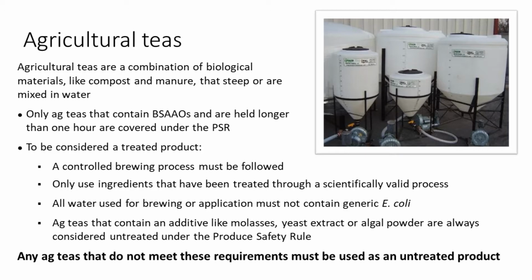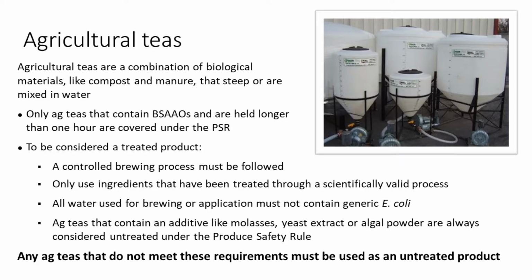When you're adding those products to your ag tea, you want to increase the biomass of your ag tea, and you want to increase those microorganisms. The problem is that you can't differentiate between the bad microorganisms, or those pathogens that we talk about, versus good microorganisms. And so when you're putting those additives in there, you're boosting all of that.